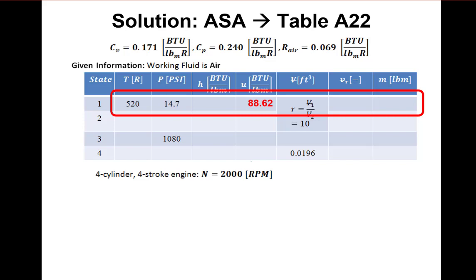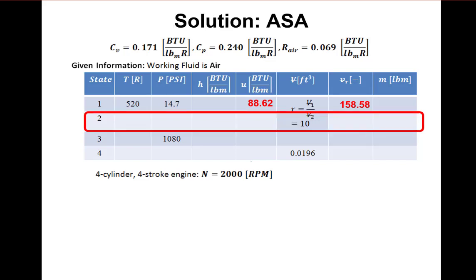When I interpolate, I also want to find VR. So here I'm going to interpolate to find VR as well. So now from state 1, I know temperature, pressure, specific internal energy, and VR. And I got U1, so U1 is one of the 4 things that I need.